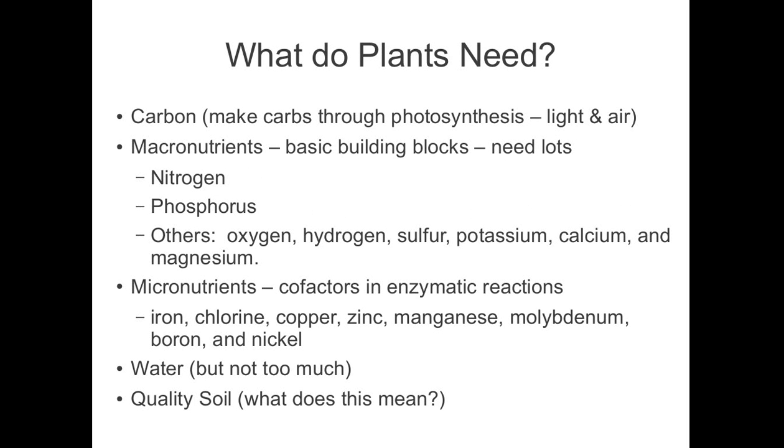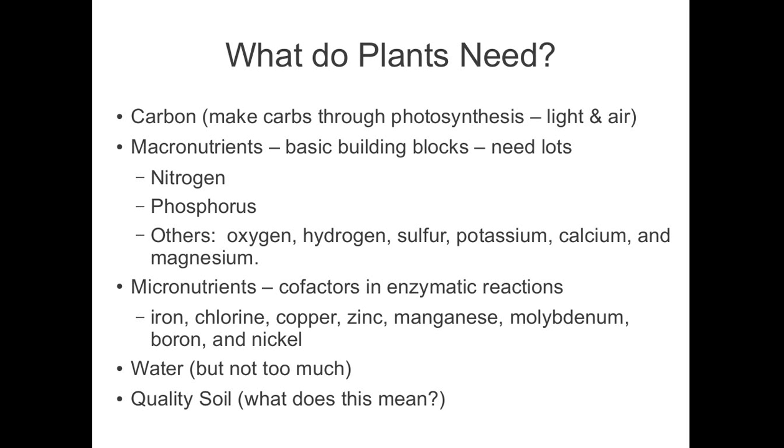So, what do plants need? First off, they need carbon. They need to make carbohydrates through photosynthesis. And in order to undergo photosynthesis, plants need light and air. So plants basically use light as a fuel to pull carbon out of the air in the form of carbon dioxide, and they use this carbon to build both their structures but also to build starches that they then eat themselves.